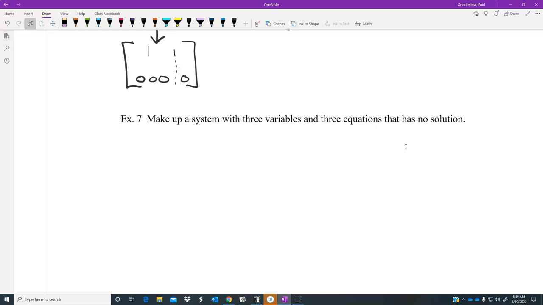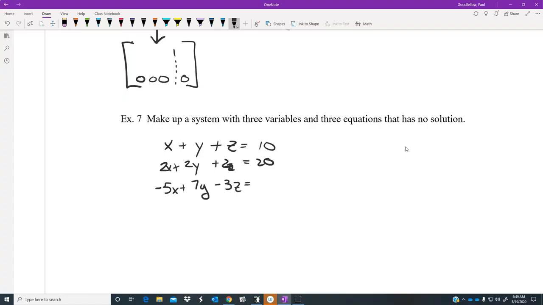Most likely, if you made 2 equations that were multiples of one another, say, for instance, one equation was x plus y plus z is equal to 10, and then you made the second equation 2x plus 2y plus 2z is equal to 20, and then you picked anything else for the other one, like say negative 5x plus 7y minus 3z is equal to my favorite number, 13, okay?